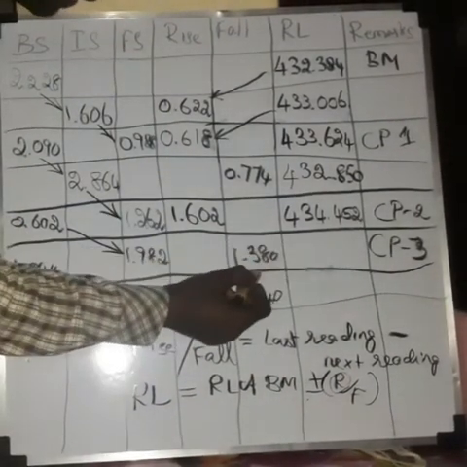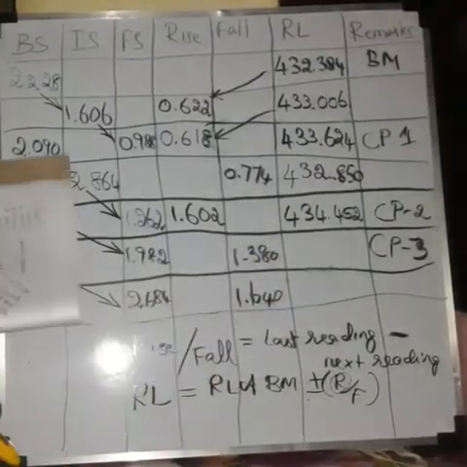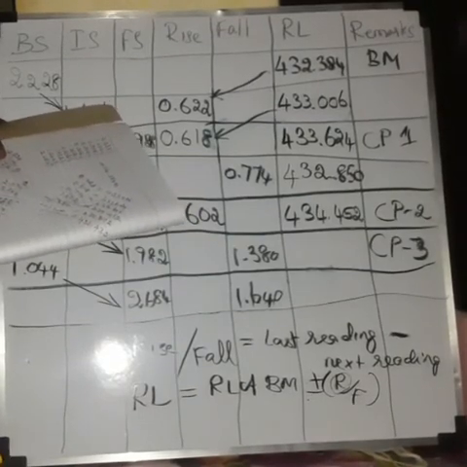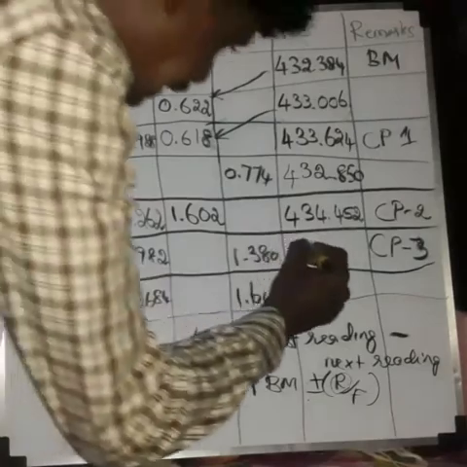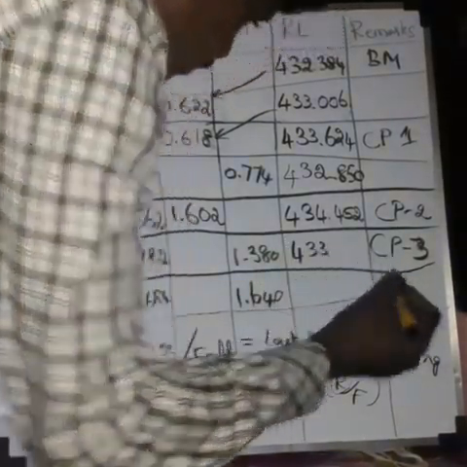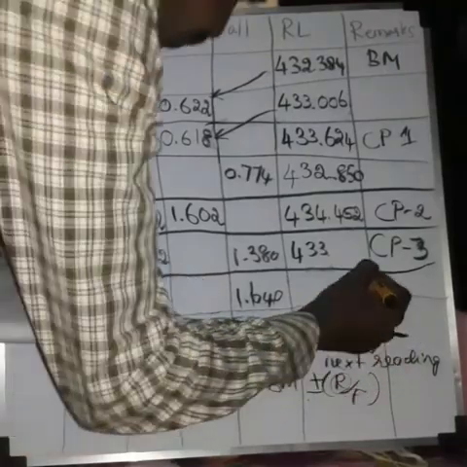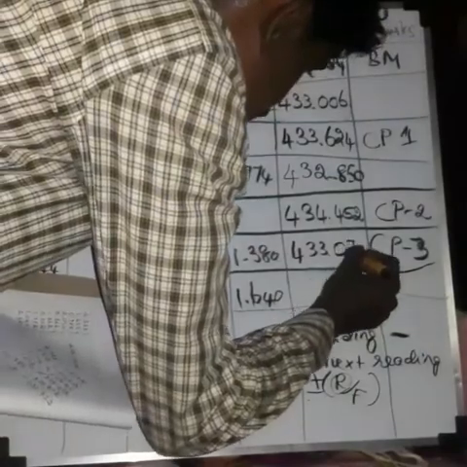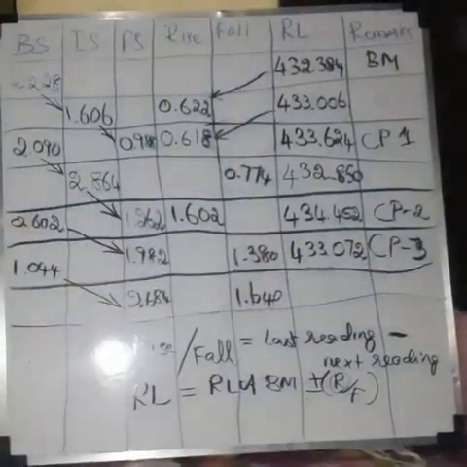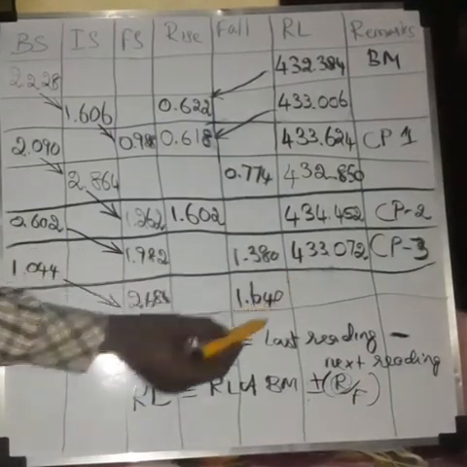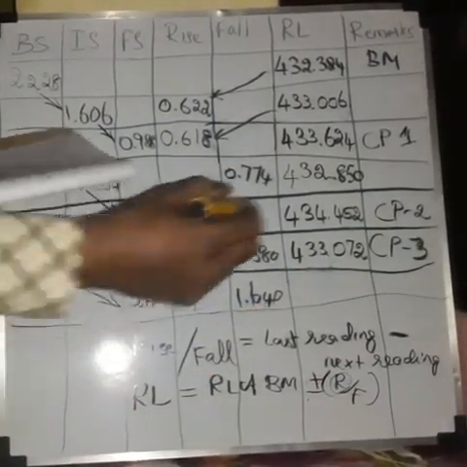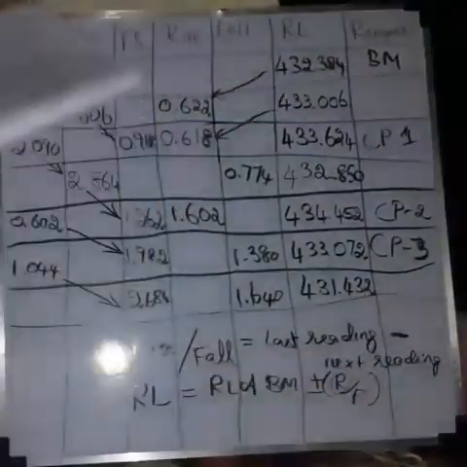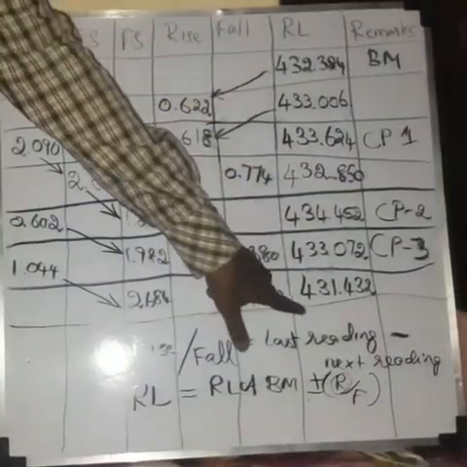Next is a fall value, so subtract it from the RL. 434.452 minus 1.380 equals 433.072. The last one is also negative. So 433.072 minus 1.640 equals 431.432. That is the final answer.